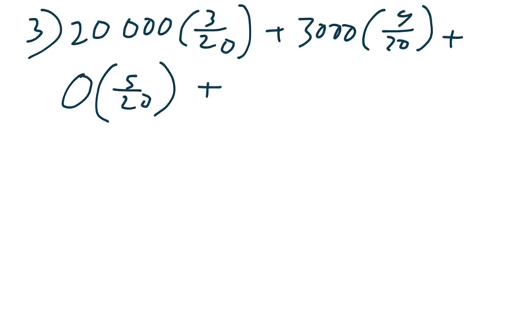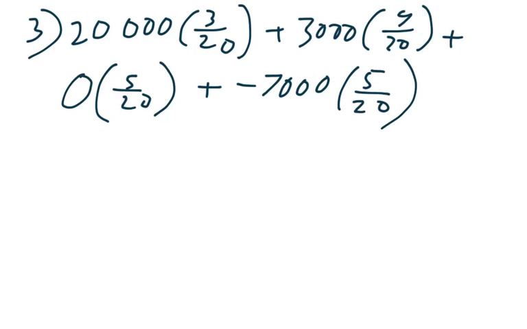And we lose 7,000, so I'll put plus negative 7,000, and that happens 5 out of 20. When we do this, that's going to get our expected profit, and we don't have to do anything else with this information. In this situation, on average, we would make about $2,600.